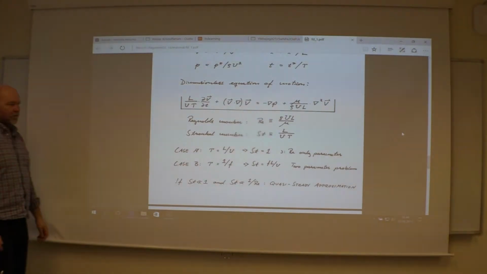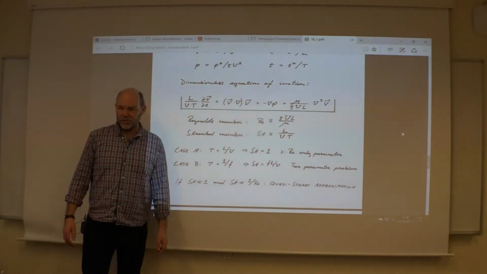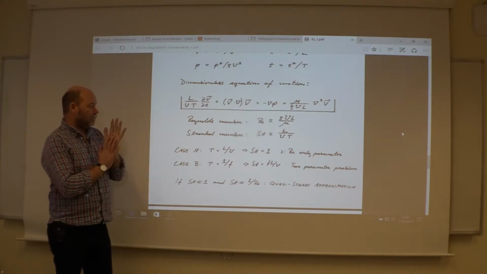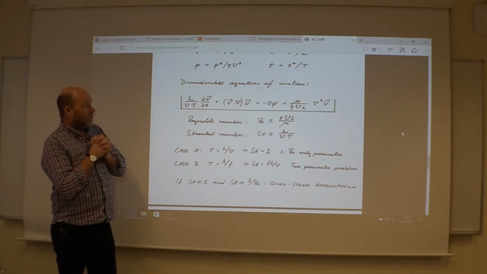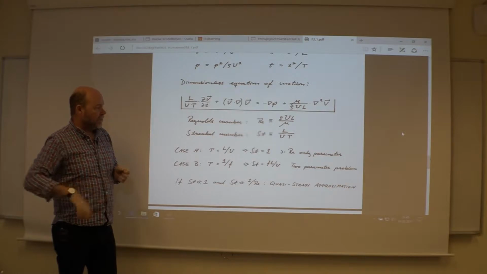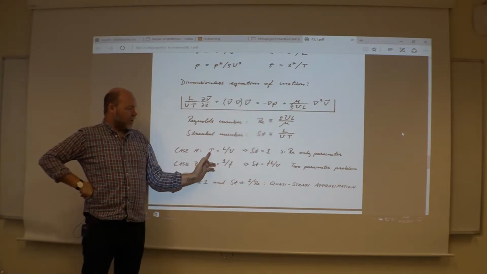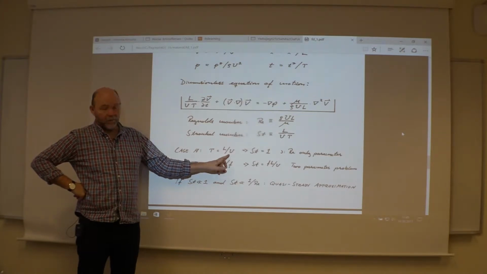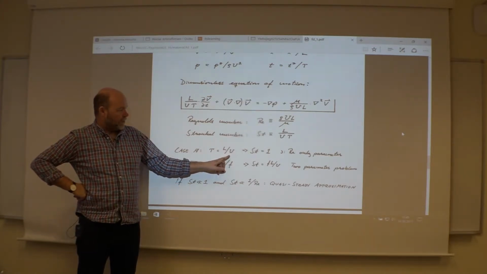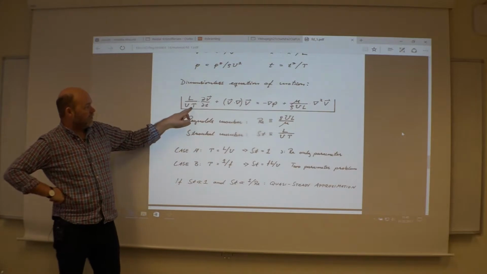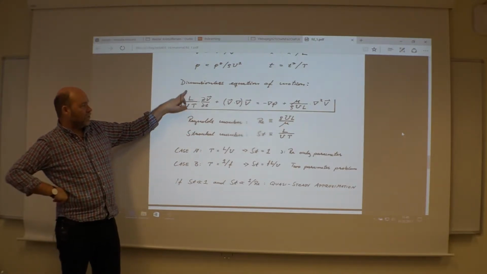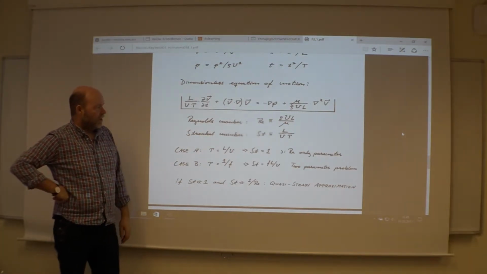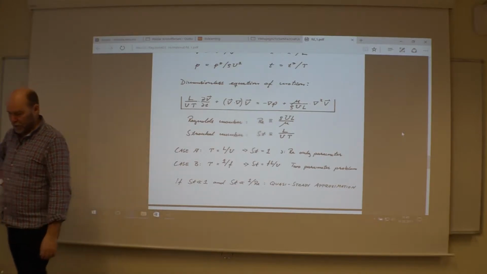Not that important in practice, it's actually just a time scale, nothing more. And typically what you normally do, you choose or create a time scale, since you have both length and velocity. Then inserting that time scale here, you see the Strouhal number just becomes 1. And then the Reynolds number is the only parameter left.